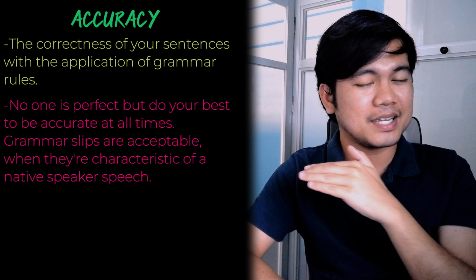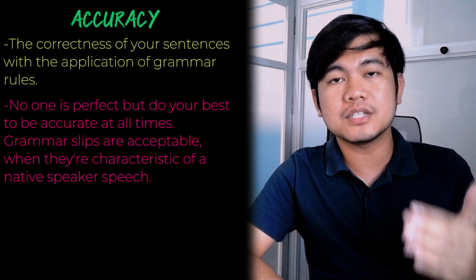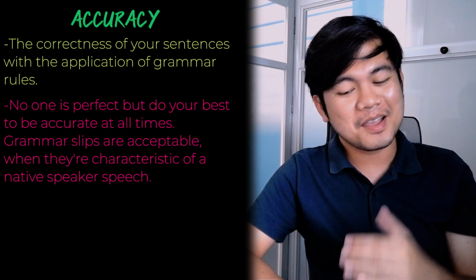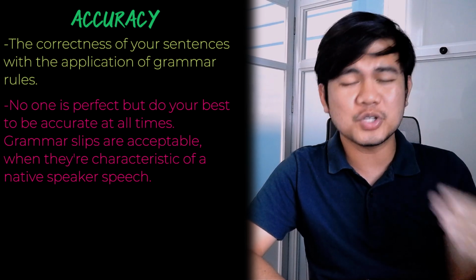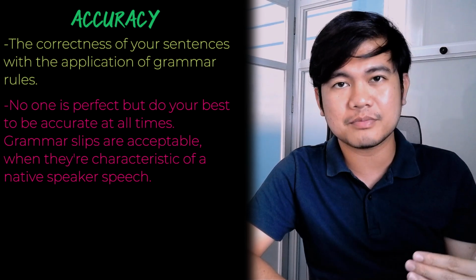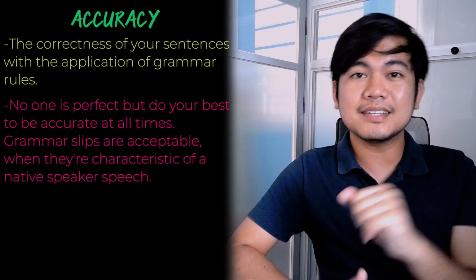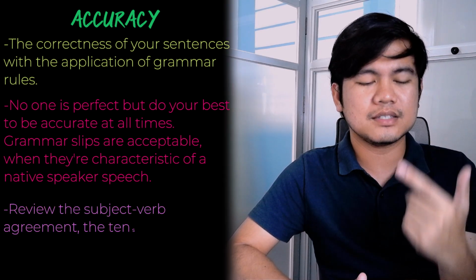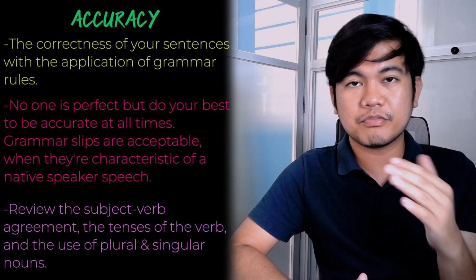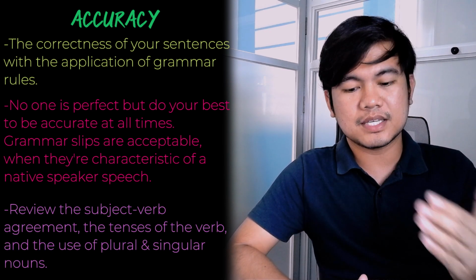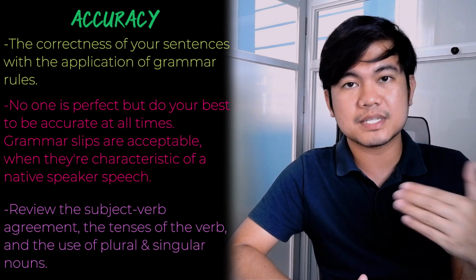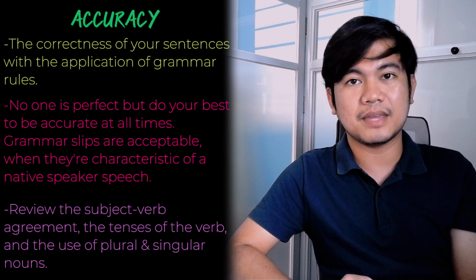Your sentences should be intelligible or can be understood very easily. But of course, we have to do our very best not to make a lot of mistakes if we want to get a higher mark in this criterion. Kindly review the subject-verb agreement, the tenses of the verb, and the use of plural or singular nouns, because these are some of the common mistakes that students make.